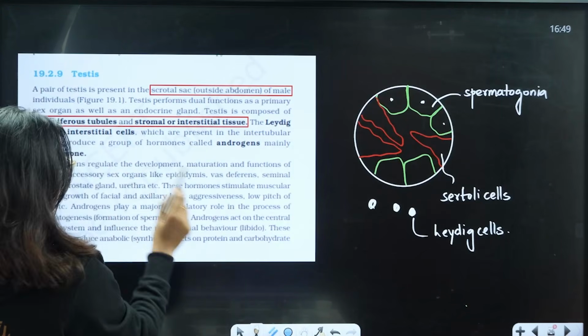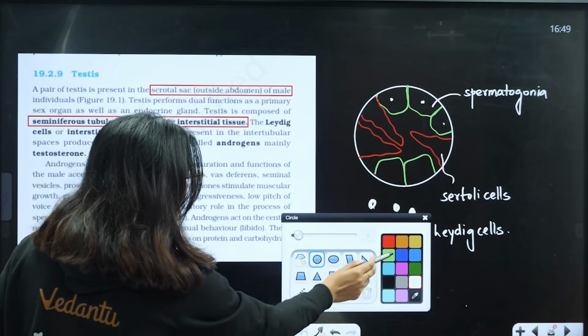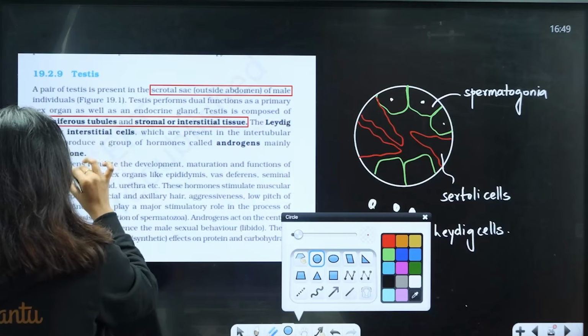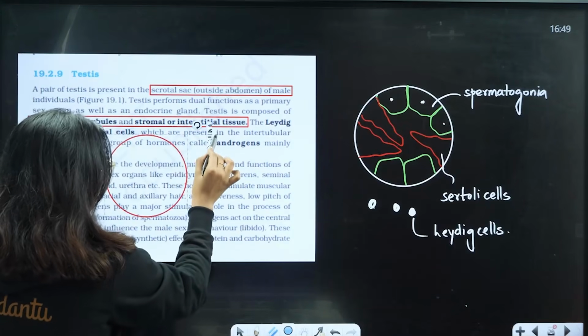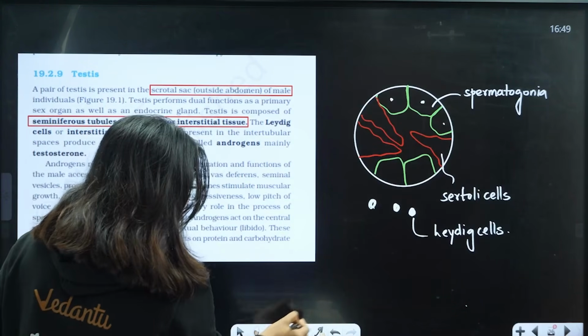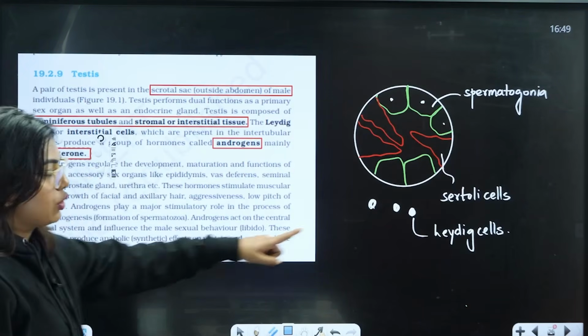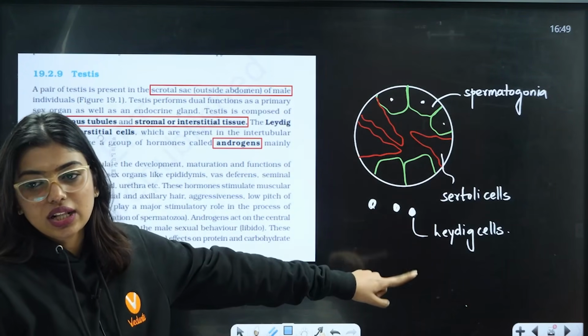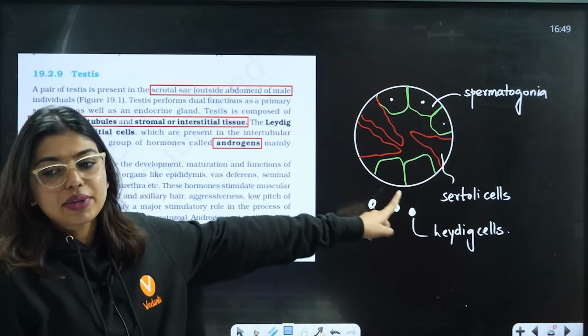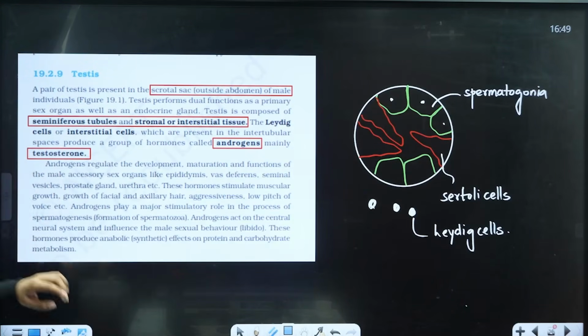So, the Leydig cells or interstitial cells, which are present in the intertubular space, produce a group of hormones called androgens, mainly testosterone. We know Leydig cells are releasing testosterone, and that testosterone concentration happens with the help of ABP at the center.